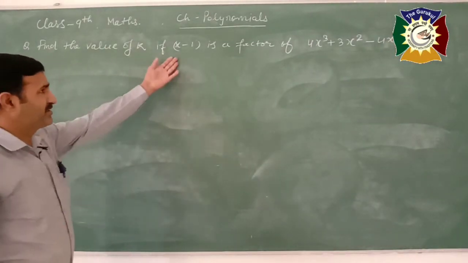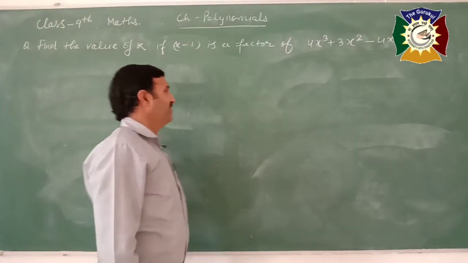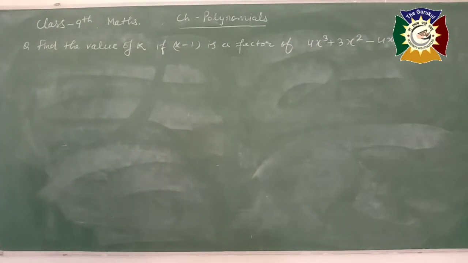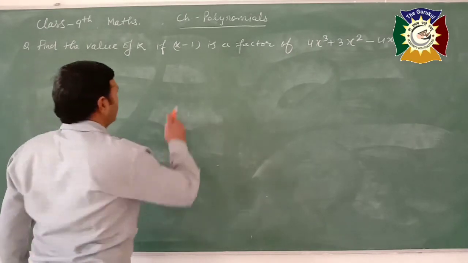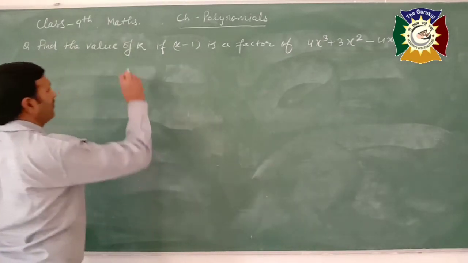If this is a factor of the given polynomial, then on putting the value of x, the remainder should be 0.